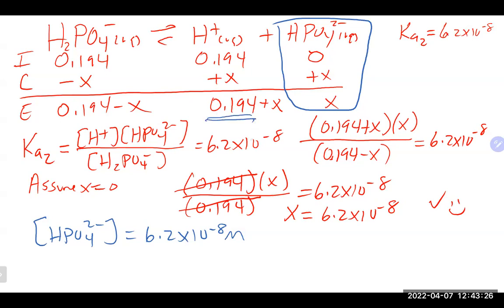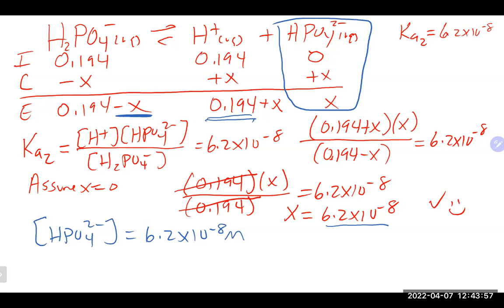If I take 0.194 and add it to this number, what number do I end up with? I basically end up with 0.194, not very much, right? And same thing here, if you took that x and subtracted it from 0.194, you will still end up with 0.194.